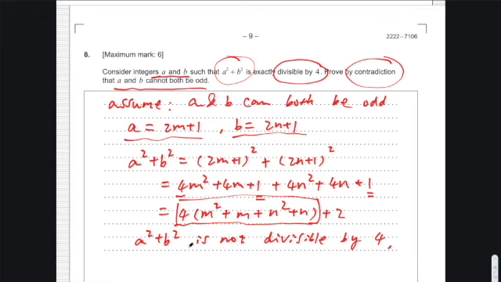Okay, so that proves our statement, because we assumed that if a and b can both be odd, then a squared plus b squared is divisible by 4, but actually it's not divisible by 4. So that means a and b cannot both be odd numbers, odd integers. Okay, so that's the entirety of question 8.